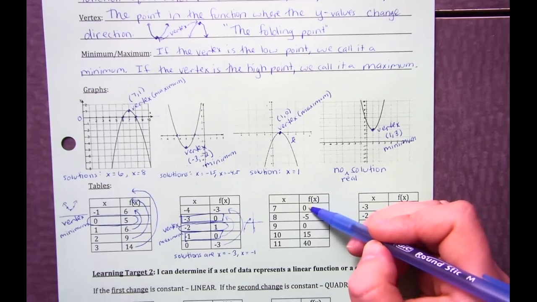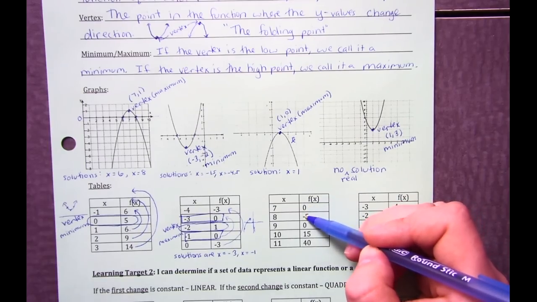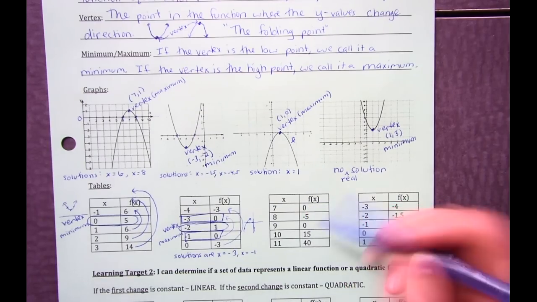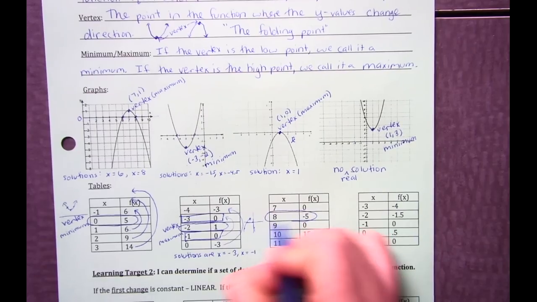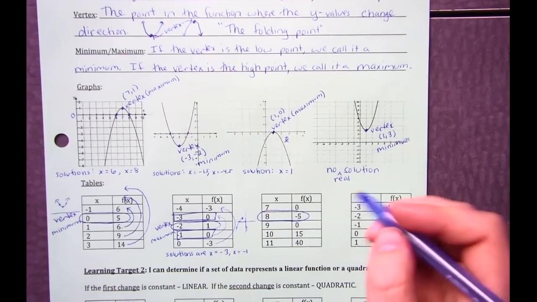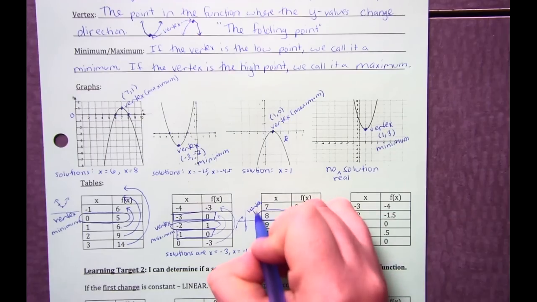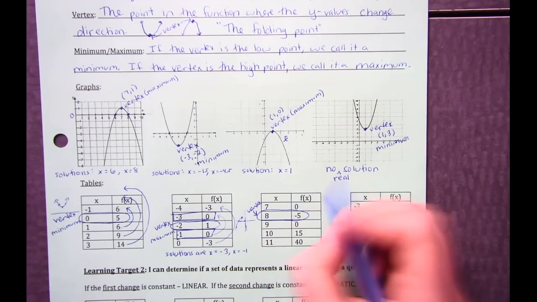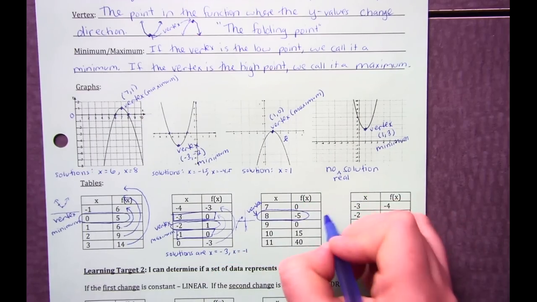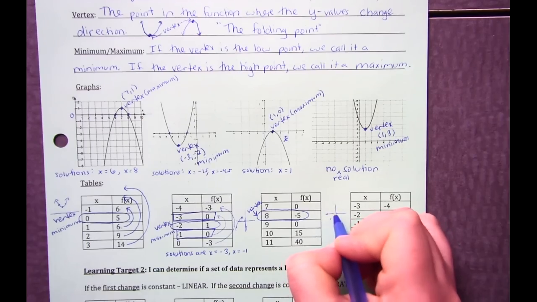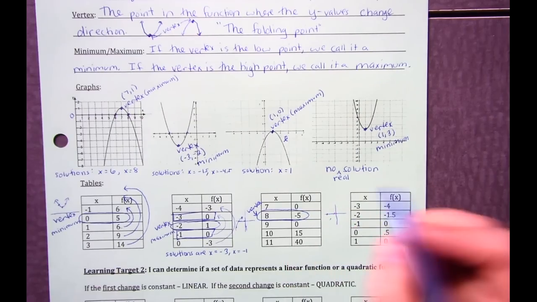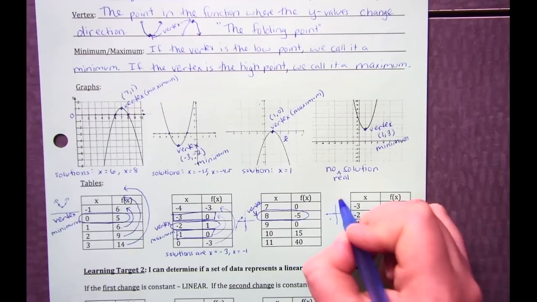Over here, we start at 0, we go down to -5, and then back up to 0. So this is like our middle spot of the function where it's changing direction. So that is the vertex. If you think about what that function looks like, it's starting at 0, it's going down to -5, and back up to 0, and then 15 and 40 and so on.